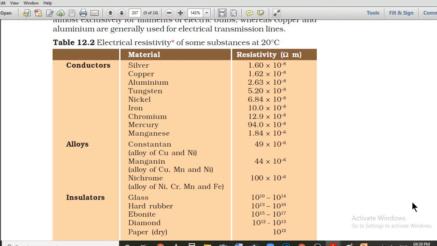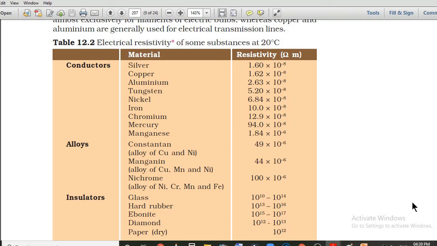They will allow the current to pass through it, but they will offer some resistance. See, copper, the order is 10 raised to minus 8, and in case of nichrome wire, the order is 10 raised to minus 6. That means 10 raised to minus 8, 10 raised to minus 6 means 100 times difference. Resistance of alloys may be 100 times greater than that of a conductor.